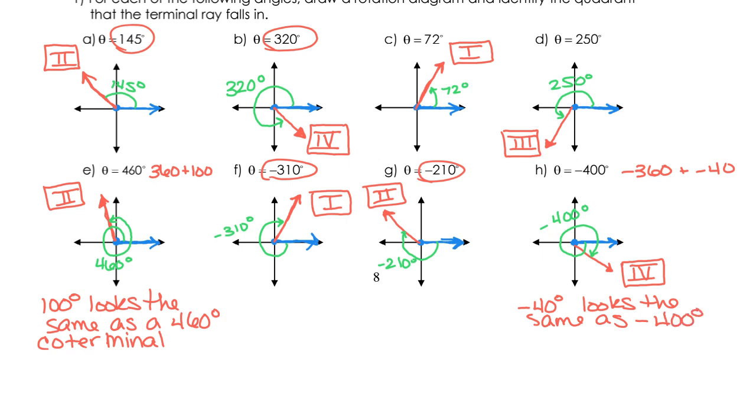And so those angles are known as coterminal. All right, they look like they end in the same spot, but if you look at the rotation of them, the rotation, where I draw in green, is not the same for those two angles. Okay, but if you just look at the initial ray and the terminal ray, you might say, oh, hey, that's negative 40 degrees or negative 400 degrees, depending on whether we kept going around.